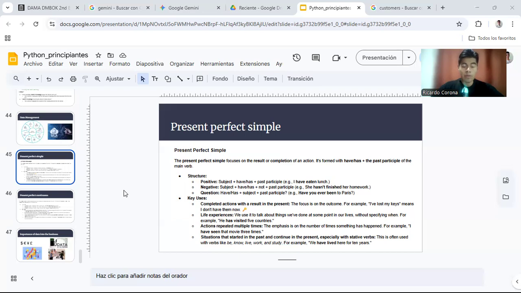For example, in the positive form, we can say: I have done my homework, or I have eaten the lunch that my girlfriend bought me. In the negative form: she hasn't finished her homework yet.